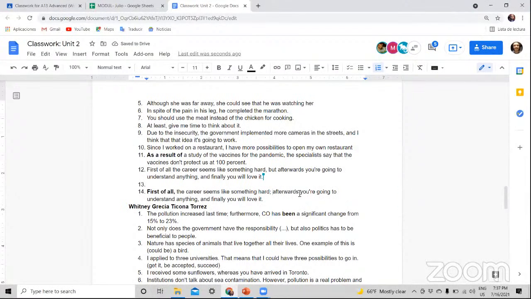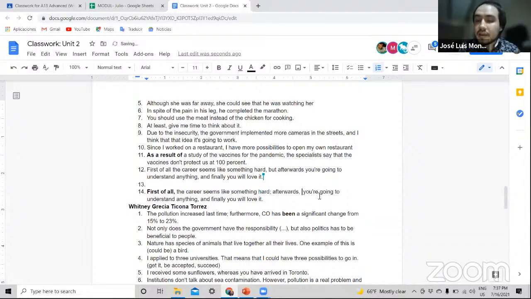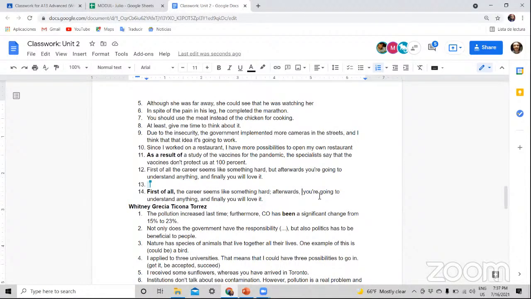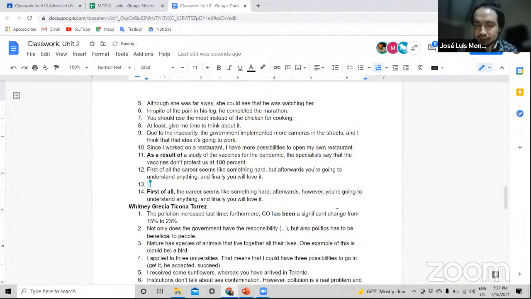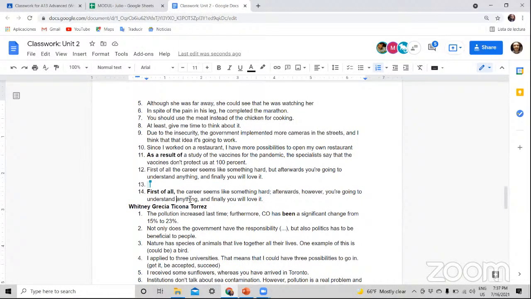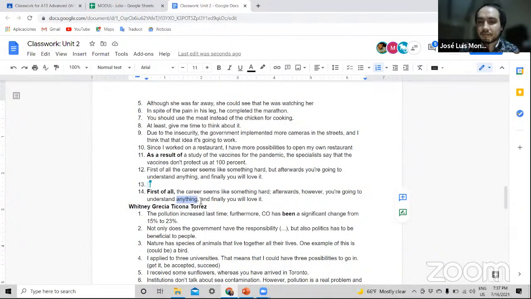Then you say afterwards, right? Afterwards, if you want, as I was saying to Elisa, you can set a transition that shows contrast. And you can say afterwards, however, you're going to understand. It says you're going to understand anything. Anything is like negative. Anything is like nothing. So we don't say anything, we say everything.